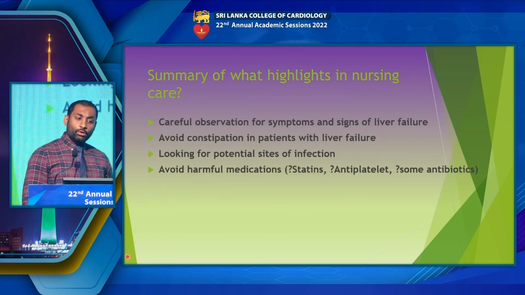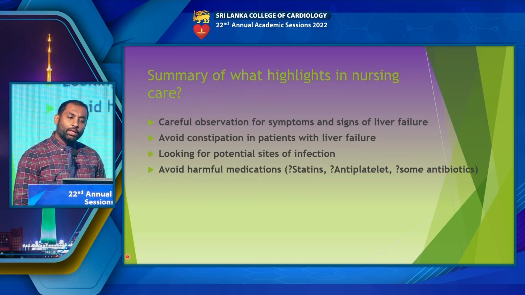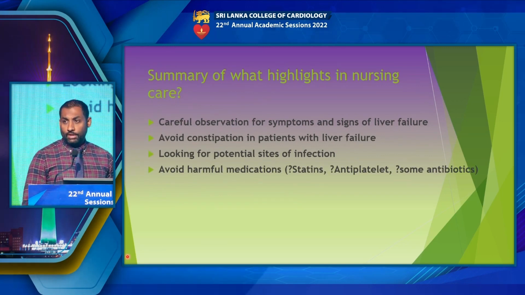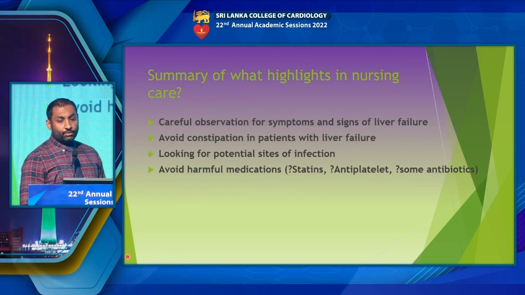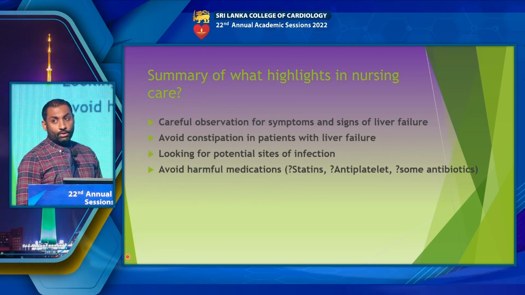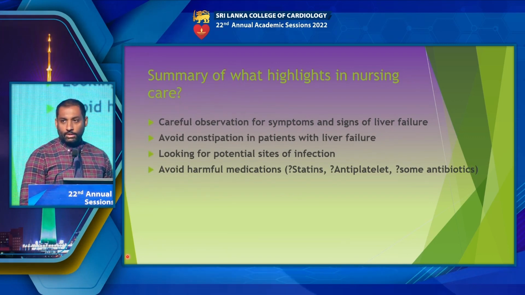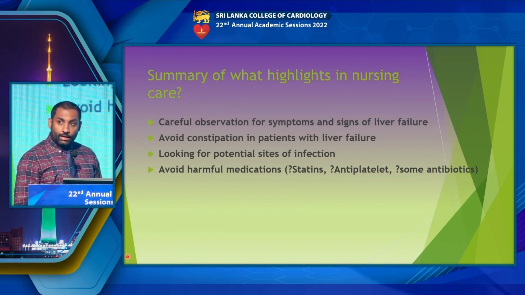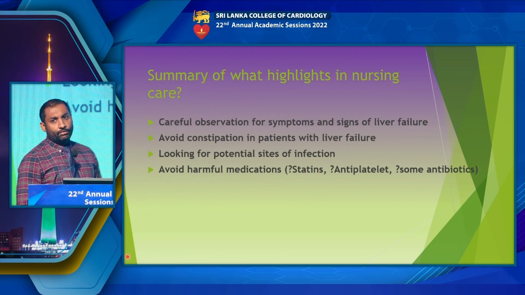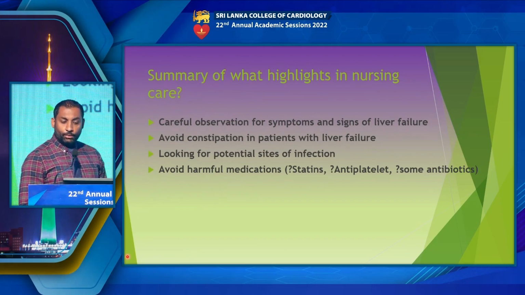And you have to be aware that there are some medications which are harmful. For example, the statins. The statins are very important in management of acute myocardial infarction, but if the patient has high liver enzymes in acute or ongoing liver failure, the statin might harm. Sometimes antiplatelets are important in management of acute coronary syndrome, but if the patient with liver failure has a high INR and a high bleeding tendency, the antiplatelet might do harm.